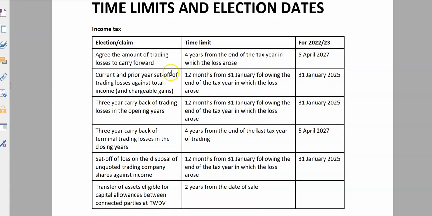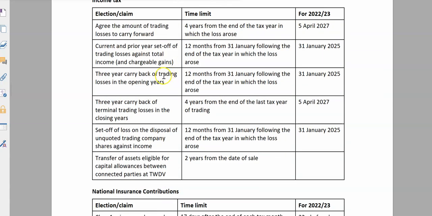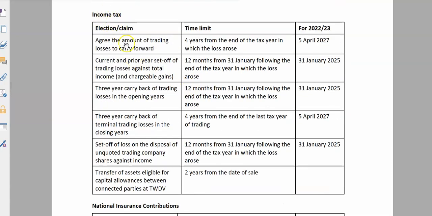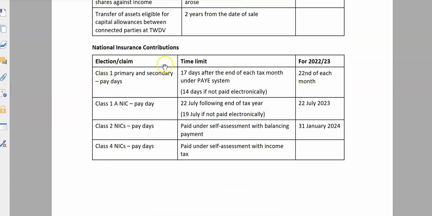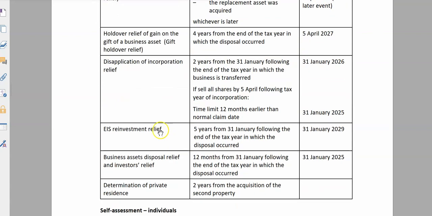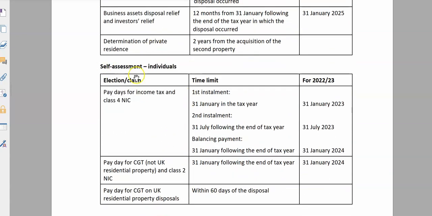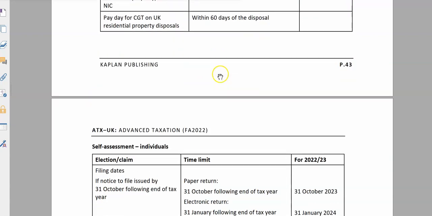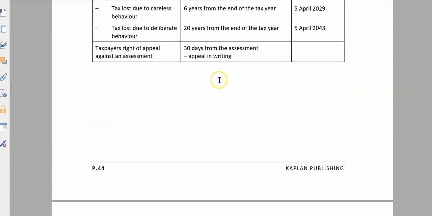So it's a summary which you can use to revise all these dates, and you have to read this summary because it is a summary of everything, because as you can see, there is income tax, then national insurance contribution, then capital gains tax, every relief including the EIS one, right? Then individual self-assessment, the tax return filing dates, the payment on account, balancing payment, everything, right?